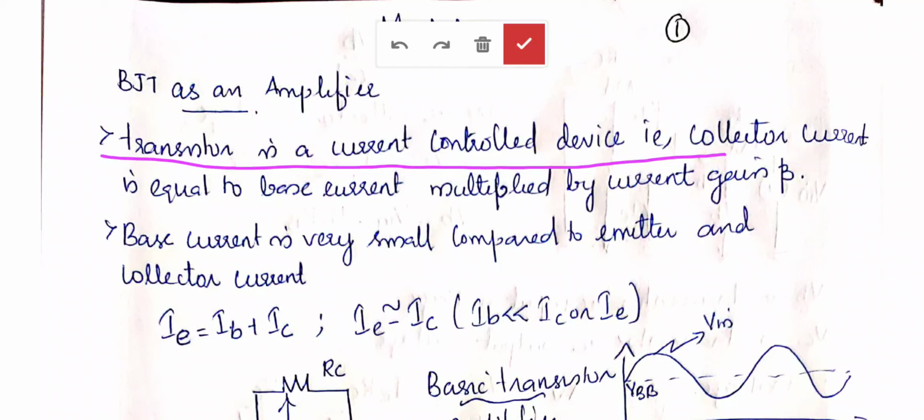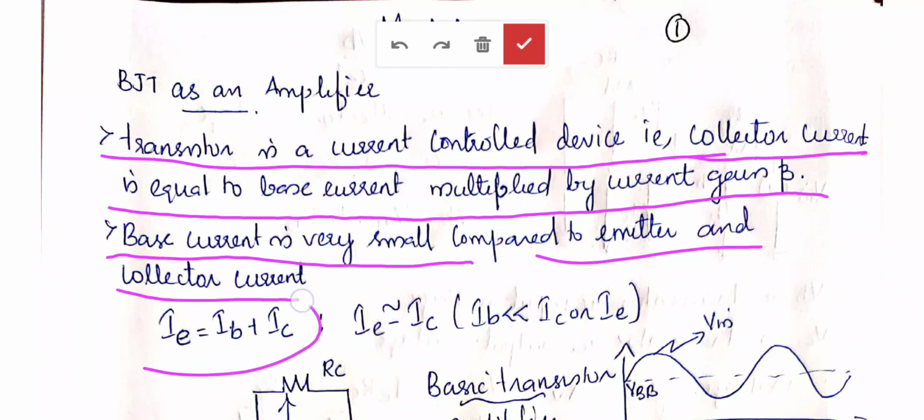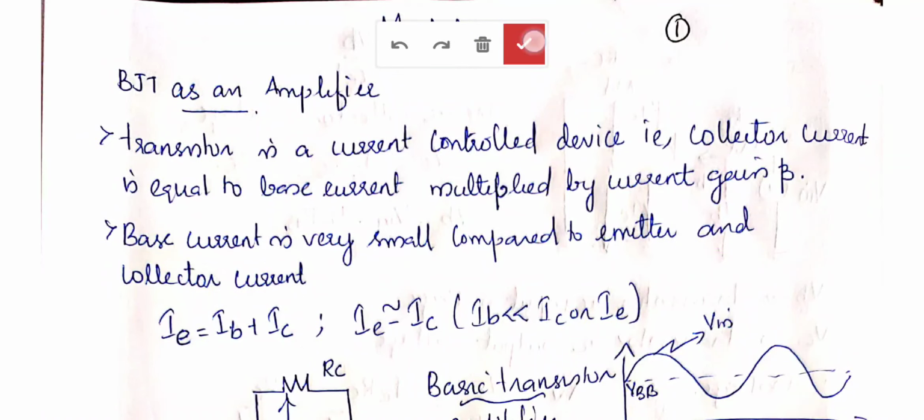The base current is very small compared to the emitter and collector current. This is the current equation of a transistor: IE, emitter current, is equal to base current plus collector current. Since IB is very small, we can write IE is almost equal to IC. Emitter current is almost equal to collector current.